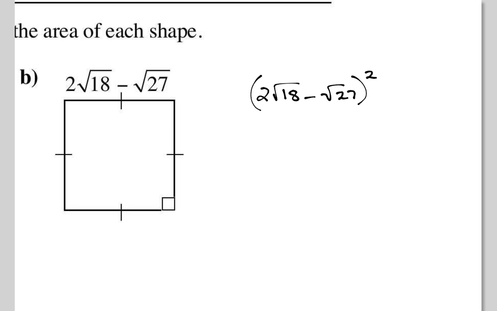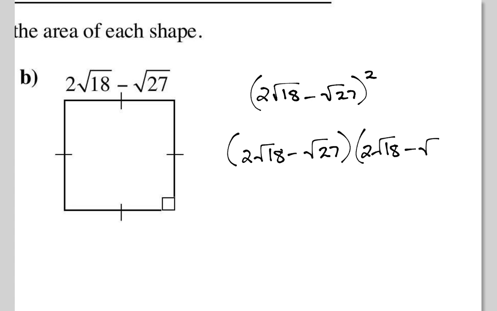You have to distribute so you have a middle term. If you see something like this, I would write it out twice just to be on the safe side. Okay, so you're going to have to FOIL.